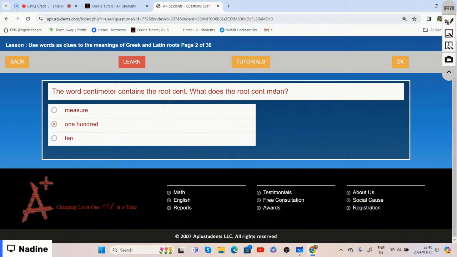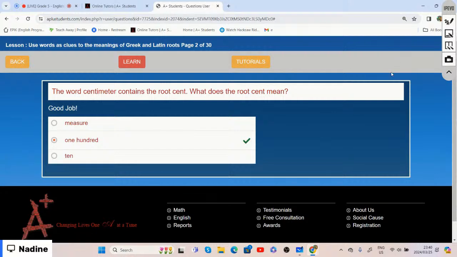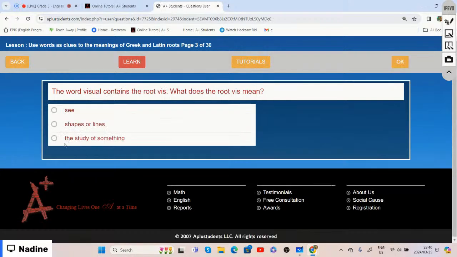That is what it actually means. Remember, 100 centimeters equals 1 meter. So that is why they're saying it is 100. It is 100 of a meter. So well done. 100 is correct.